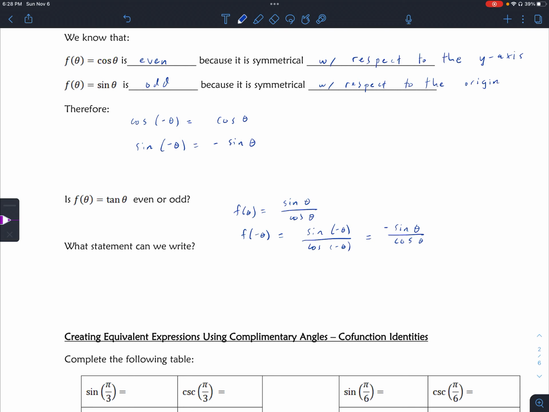So we basically get the negative of the original function, negative f of theta.